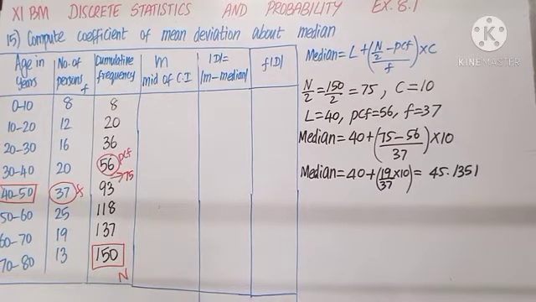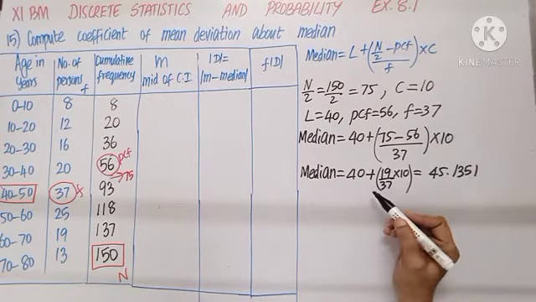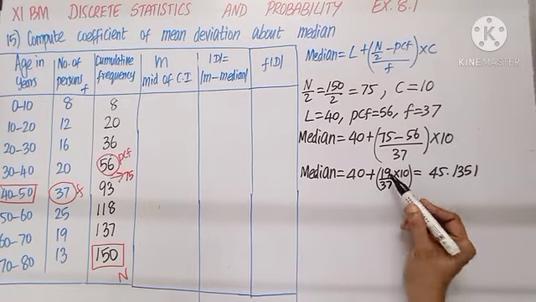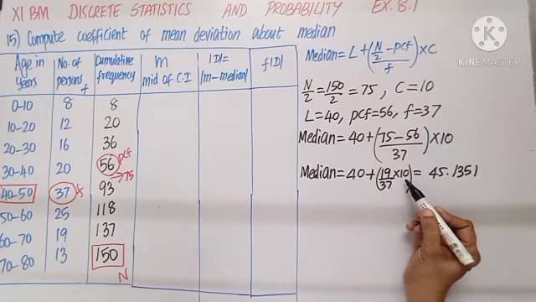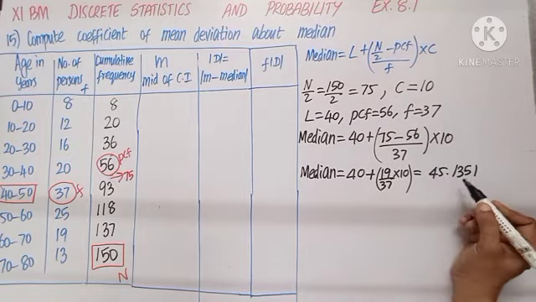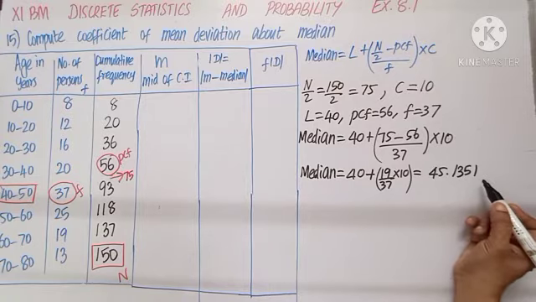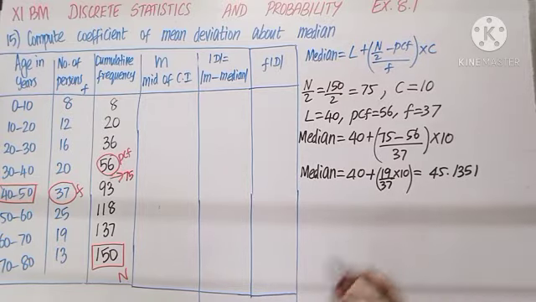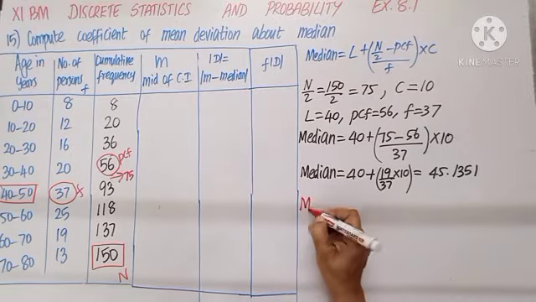Simplify. Using calculator, we get 40 plus 19 by 37 into 10, which is 5.1351. Adding together, median is 45.1351.